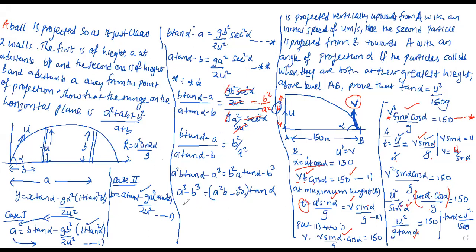This is a cubed. Now let me remind you this. a cubed minus b cubed is equal to a minus b of a squared plus ab plus b squared. This is got from Pascal's triangle. If you cannot see it now, you go and expand in your free time.